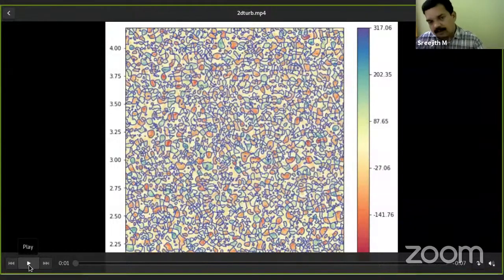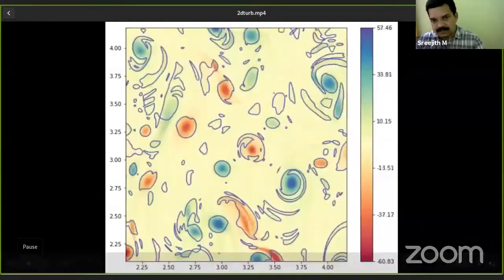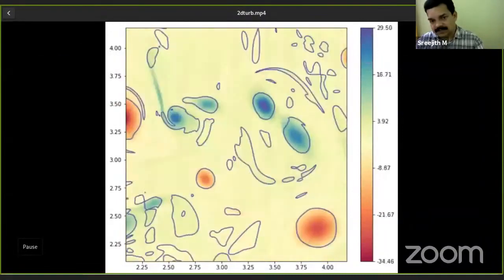Initially you have given a vorticity field something like this with a given spectrum for vorticity. Actually, we are initializing it in Fourier space or configuration space. Then its physical representation is given here. Initially it arranges into a set of vortices having different, opposite vorticities.